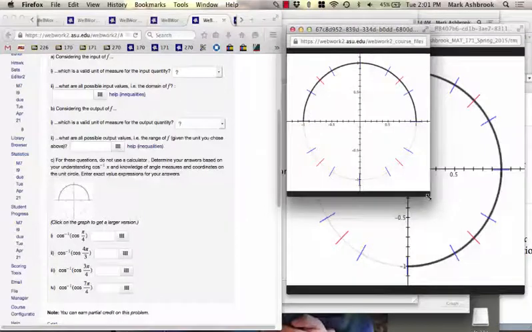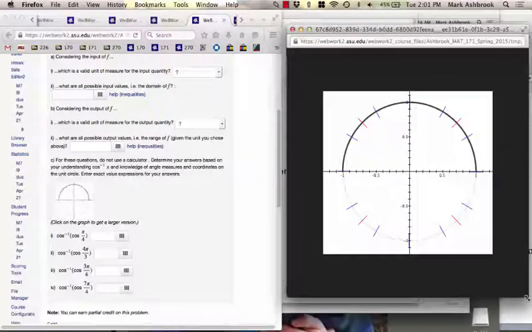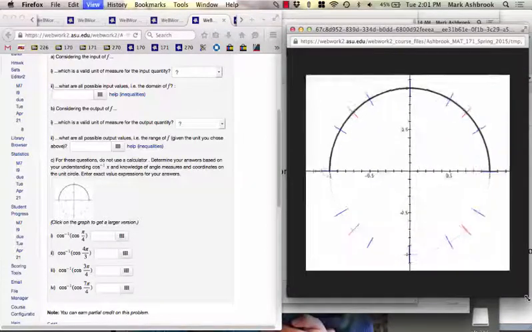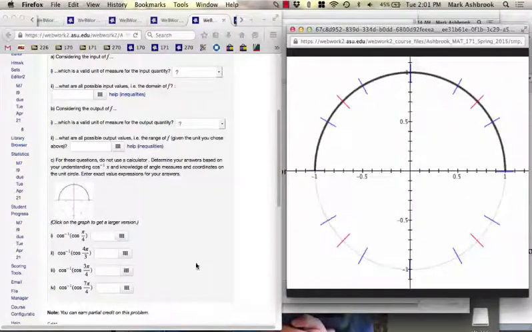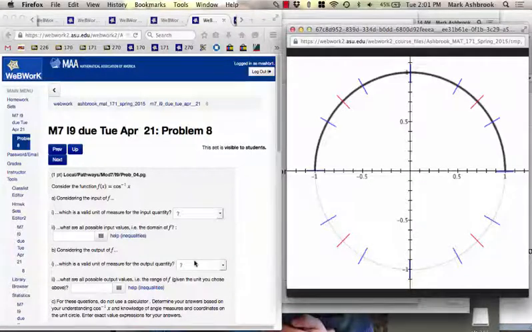So what is the input quantity of inverse cosine? What type of quantity goes into inverse cosine? Let's see if we learned anything. Cameron, can you tell me what we put into inverse cosine?